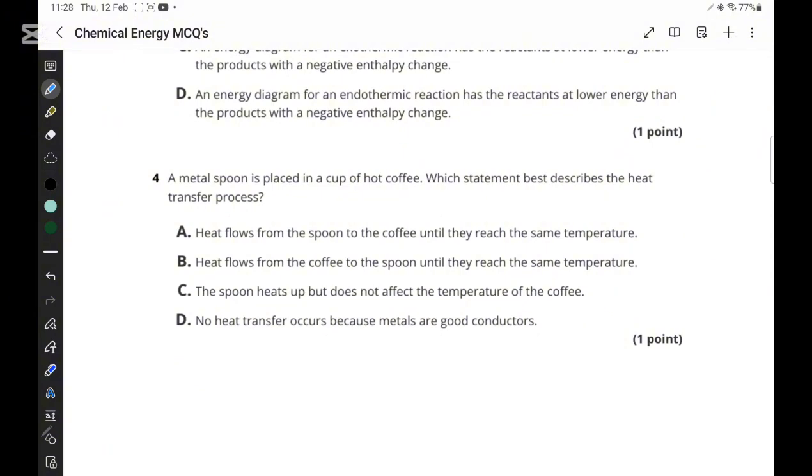This question is about thermal equilibrium. A metal spoon is placed in a cup of hot coffee. Which statement best describes the heat transfer process?